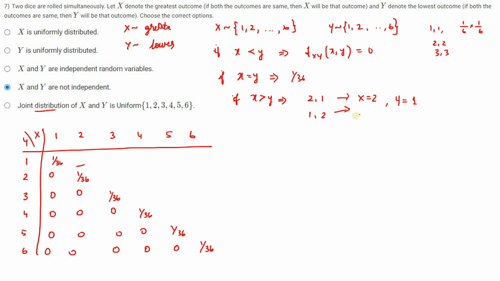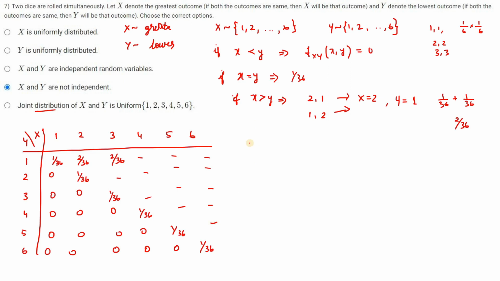So what are the possible ways of getting that? That is 1 by 36 plus 1 by 36, which is nothing but 2 by 36. So all of these will be 2 by 36, right?